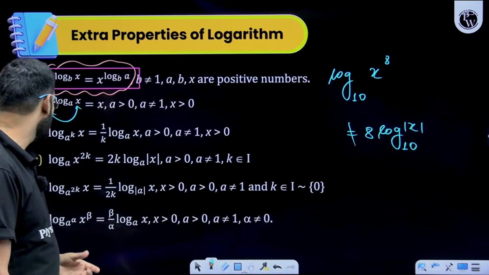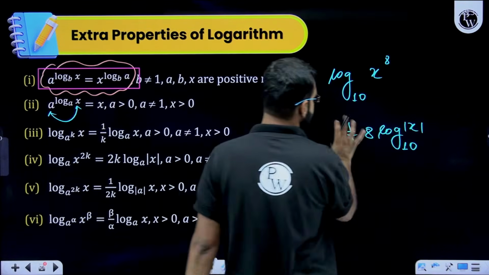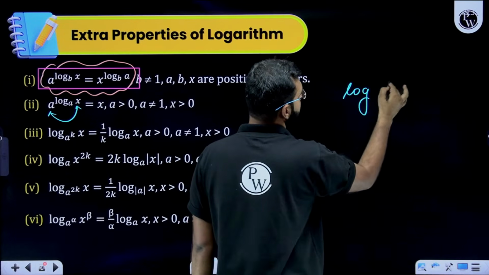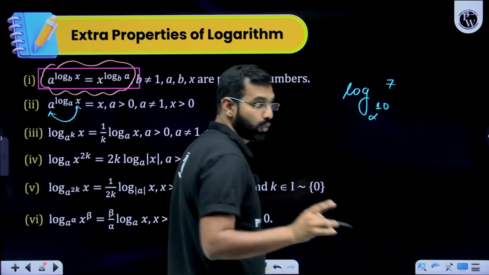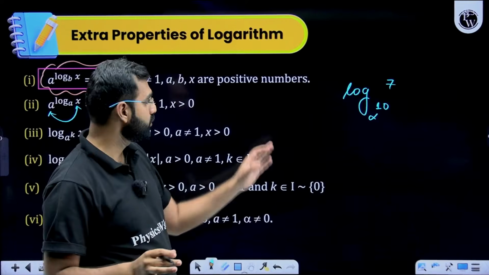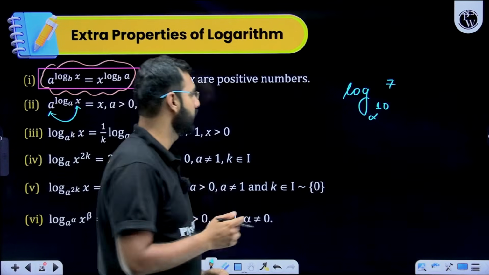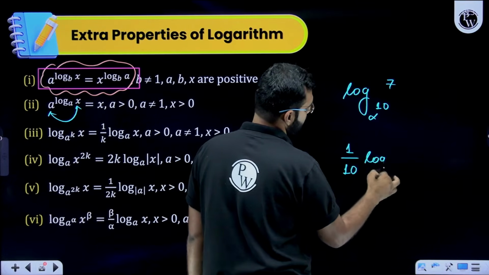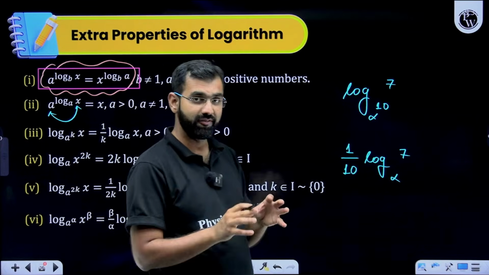Similarly, if I take you towards this property that also uses the same concept, what does it mean? Let's say log of 7 at base alpha to the power 10. We do remember that a base when raised to a certain power, that power can be brought to the front, but as its reciprocal. So I could write it as 1 by 10 log of 7 at base alpha, but that is again wrong because alpha is a variable.